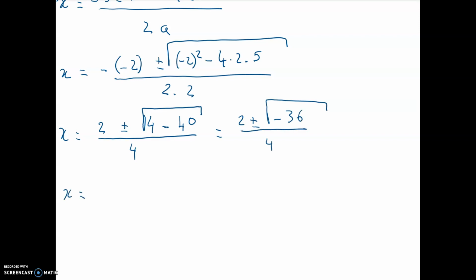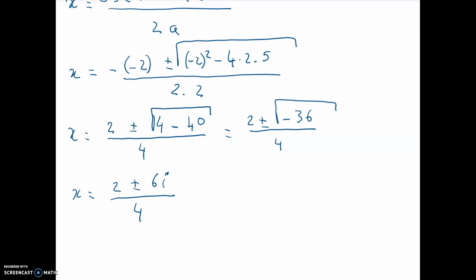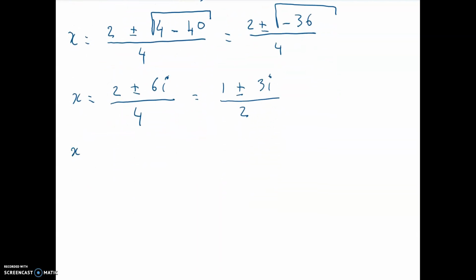And so x equals 2 plus or minus 6i divided by 4. If I want to simplify by 2, I have x equal to 1 plus or minus 3i divided by 2. And so I have x equals 5i, x equals negative 5i, x equals 1 over 2 plus 3 over 2i, and x equals 1 over 2 minus 3 over 2i.